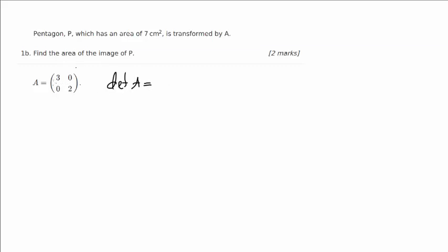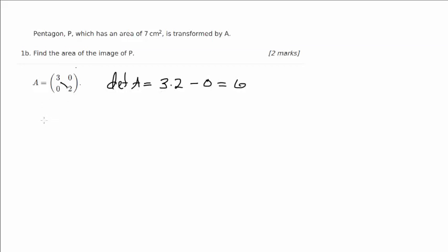So the determinant of A is multiplying your 2 diagonals and subtracting. I have 3 times 2 minus 0 times 0, which is 6. So the determinant of this matrix is 6.